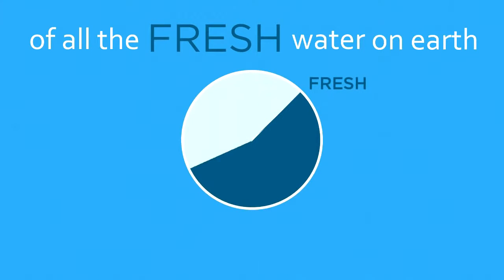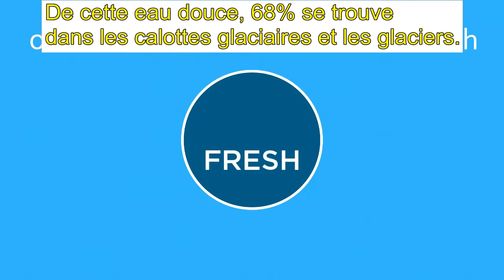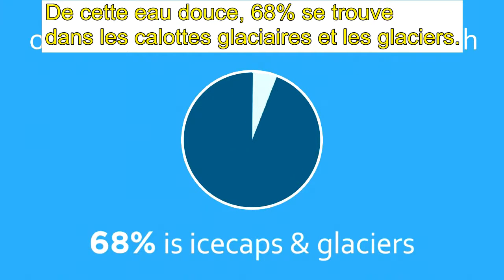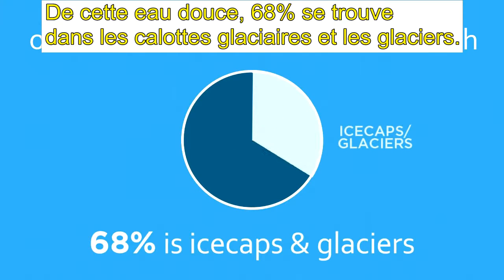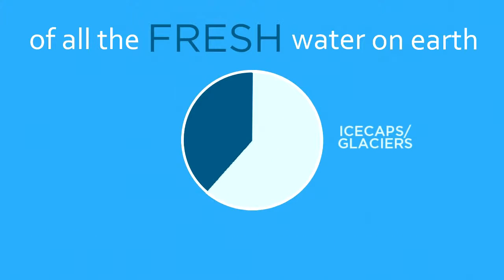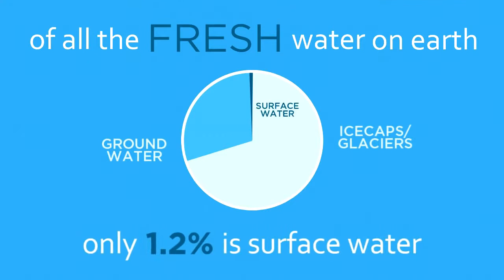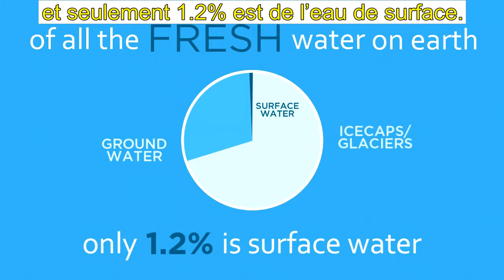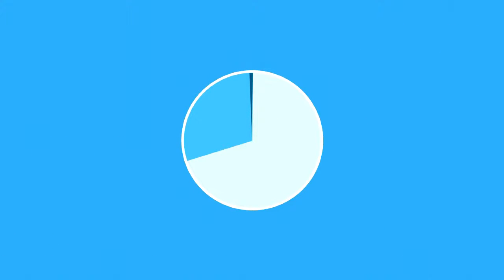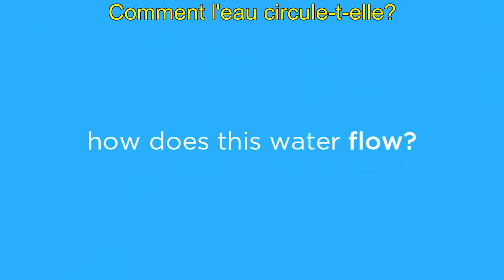Of the fresh water, 68% is in ice caps and glaciers, 30% in groundwater, and only 1.2% is surface water. How does this water flow?